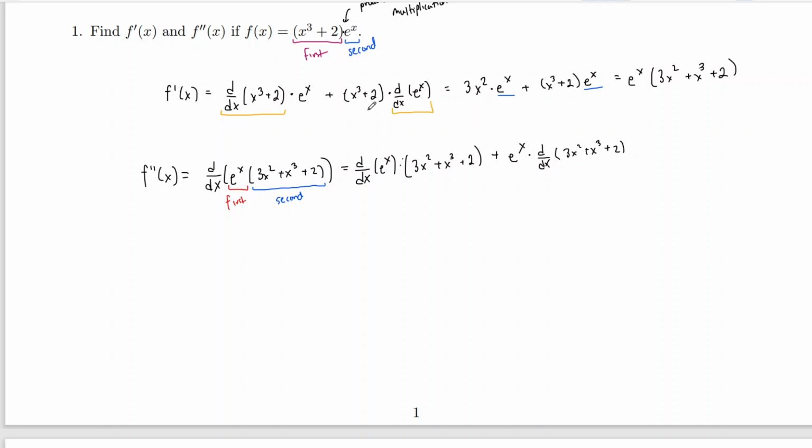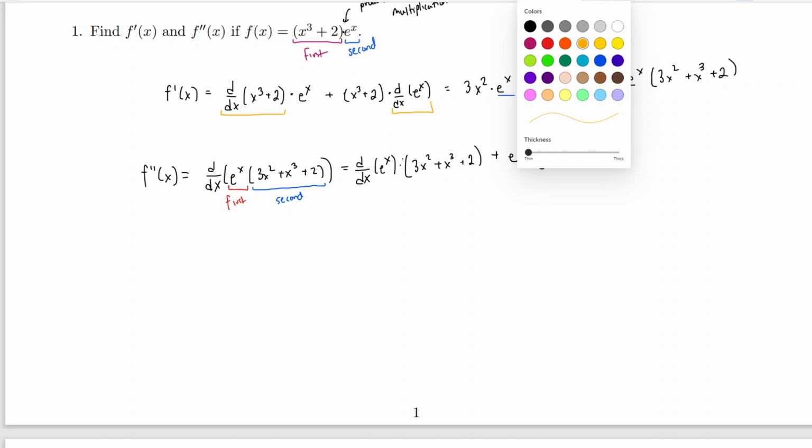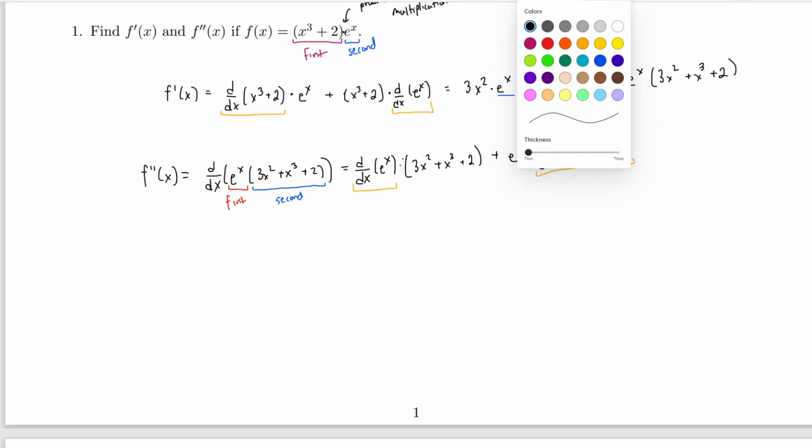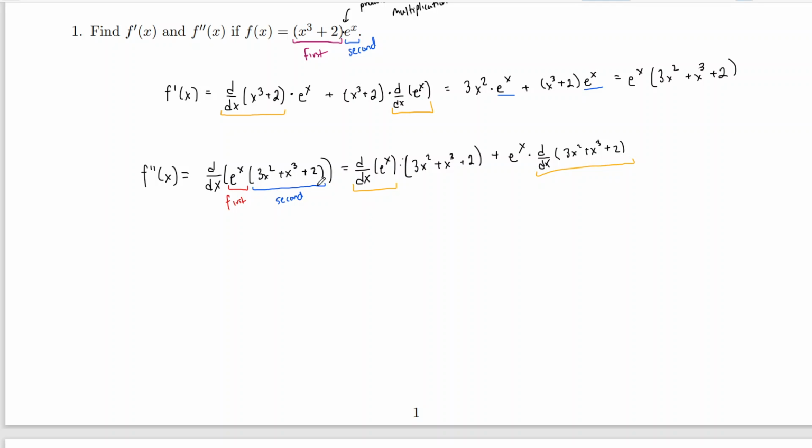Right, and now just like last time, once we do the derivative of the two that we've got indicated here, e to the x and 3x squared plus x cubed plus 2, if we can simplify, we will simplify. But after that, we're not asked to do more derivatives, and we're done.